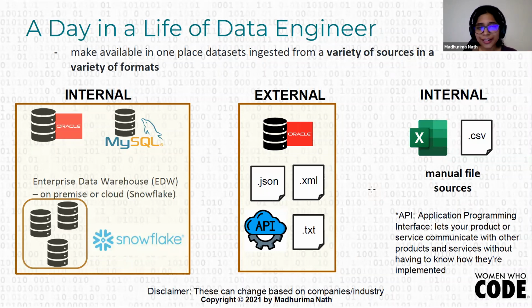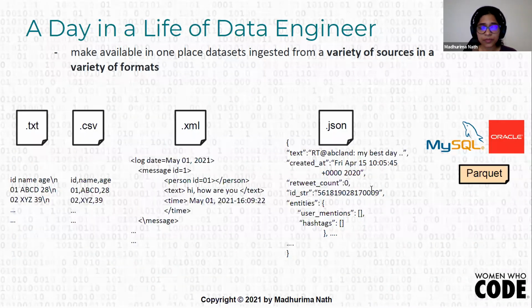Just to give an example, this is what a text file generally looks like. Let's say there's an ID, there's a name, and I have the age of all of these persons. And there's a CSV file, it's just comma separated, but with a difference in formatting. An XML file, let's say I gathered it from an external source where I say, okay, this is the message sent by this person, and I want to collect all the messages to figure out something about the customer.